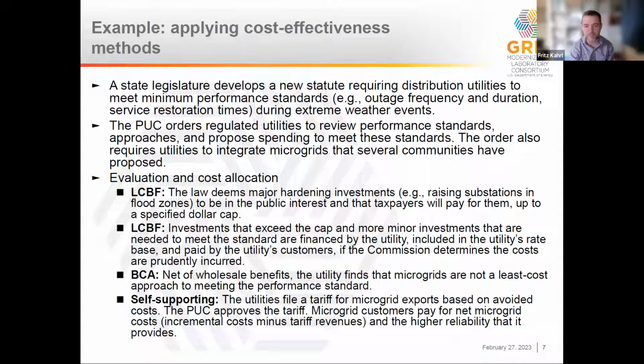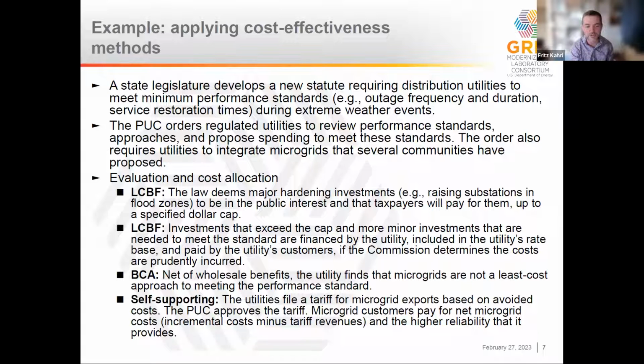Presumably, the reason communities would want to do this is for the higher reliability benefits that the microgrid is going to provide. So in this example, you can see how you can combine investments that are needed to meet standards, investments that provide net benefits, and investments that enable customer choice in the same investment portfolio, using different cost effectiveness methods and fairly allocating the cost among different types of customers.